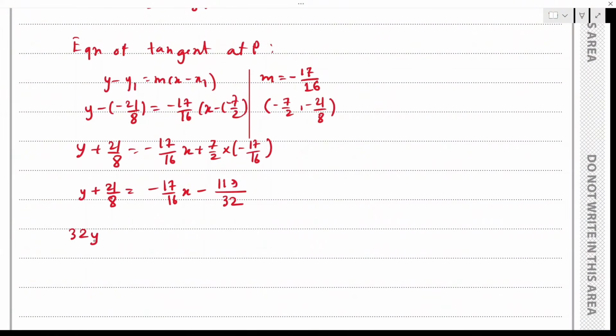This gives us 32y plus 84 equals minus 34x minus 190. We can bring all the terms to the left side. So 32y plus 34x plus 84 plus 190 equals 0.